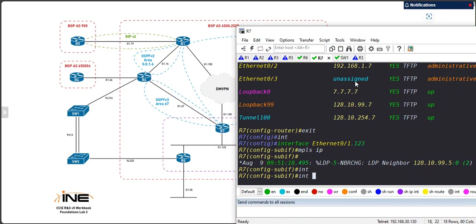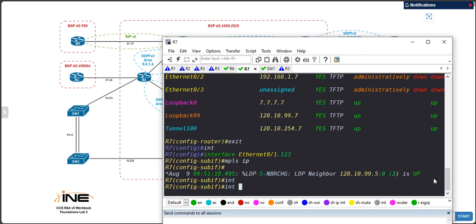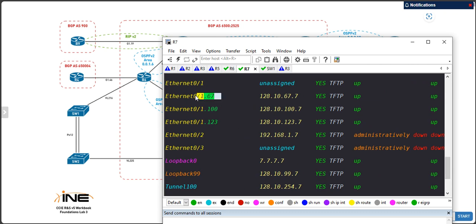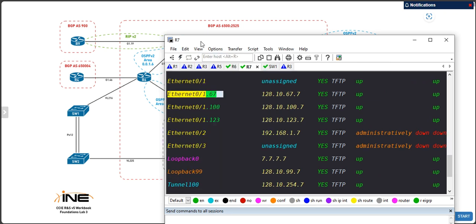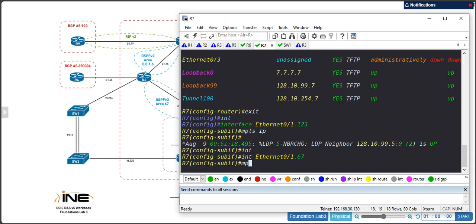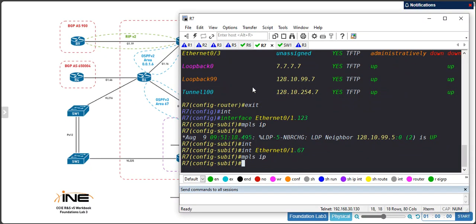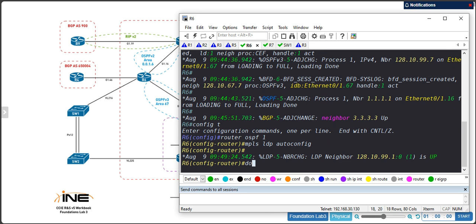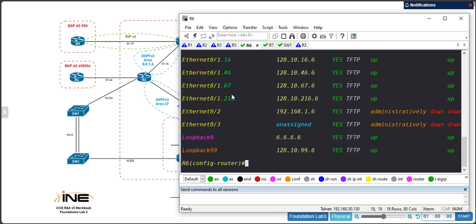Interface. MPLS IP. Let me show IP interface brief and this interface.